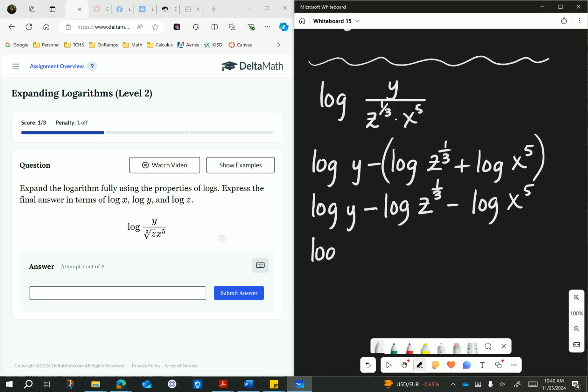So for this particular problem, our final answer, the 1/3 has to come to the front, the 5 has to come to the front, and this is our final answer. So let's go type it over here to the left.